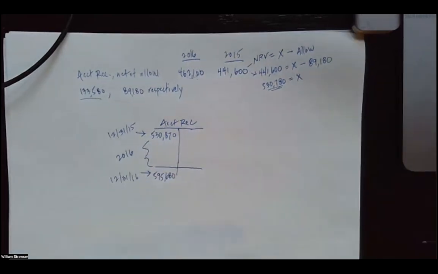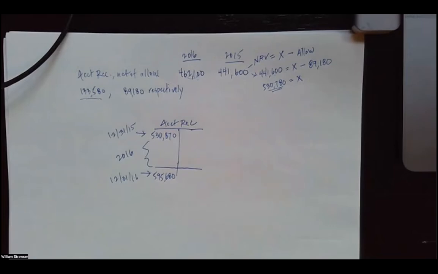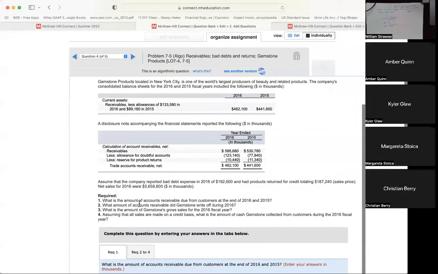So that is the amounts that the first question was looking for. It's just asking you simply, what is the amount of receivables that are due from customers at the end of these two years?